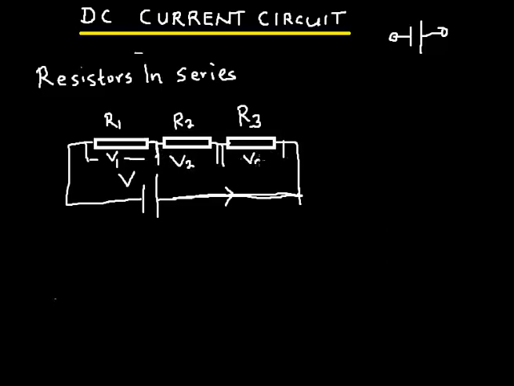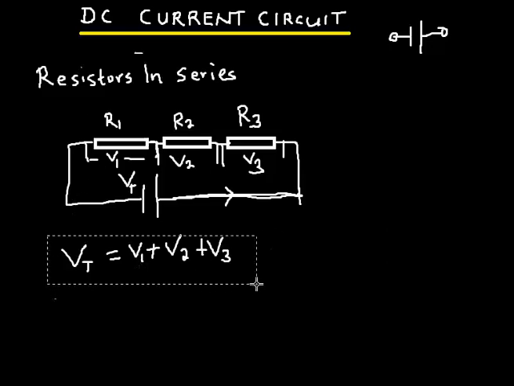So the total voltage that is supplied to these three resistors is shared among them: V1 plus V2 plus V3. Let me call the total voltage V.